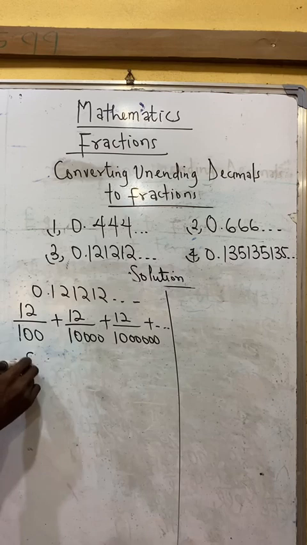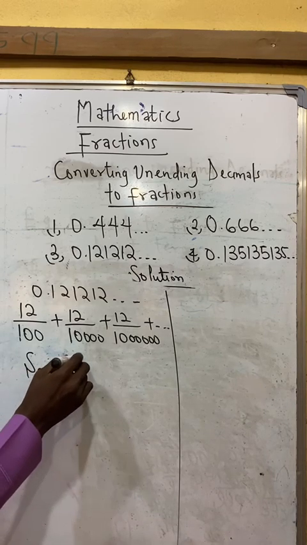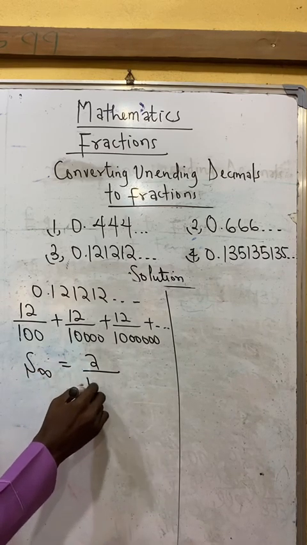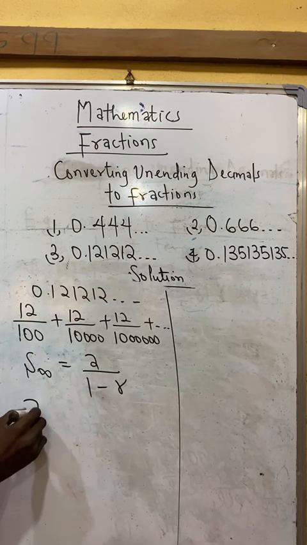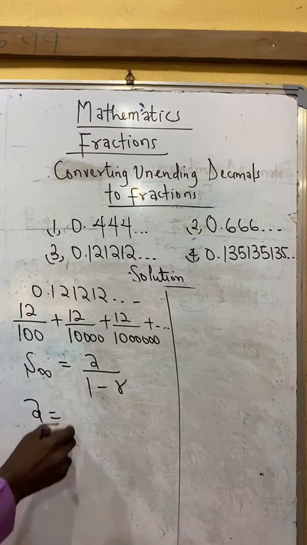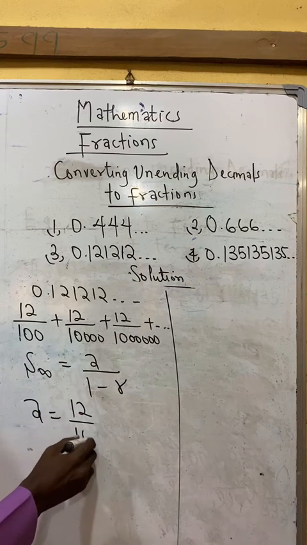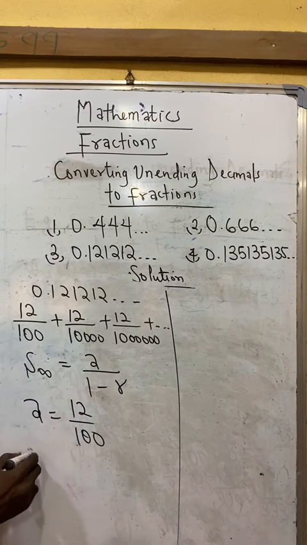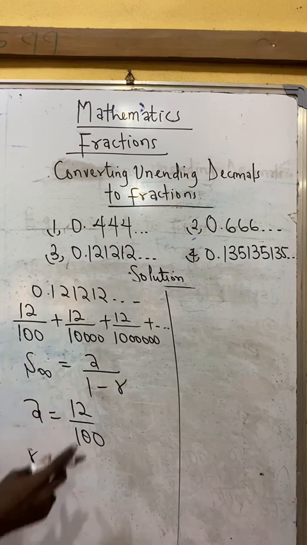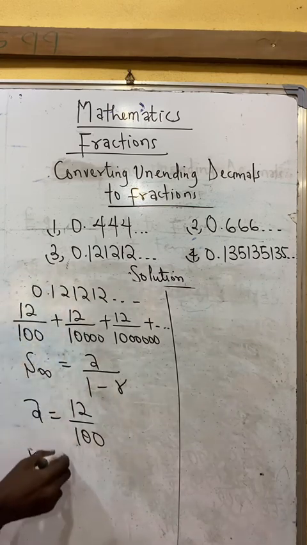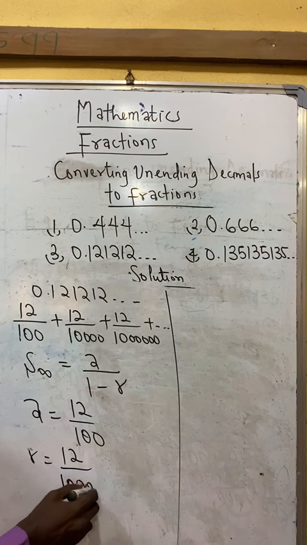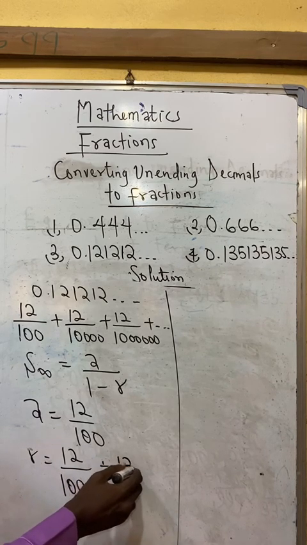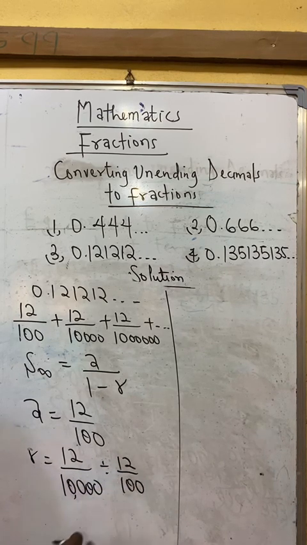Don't forget the formula. The formula is S sub infinity equals A all over 1 minus R. Let me first find my first term. My first term is A, which is 12 all over 100. Then my common ratio is the second term divided by the first term, which is 12 all over 10,000 divided by 12 all over 100.